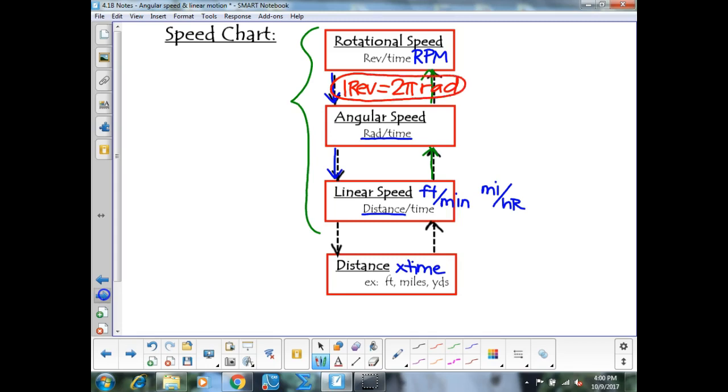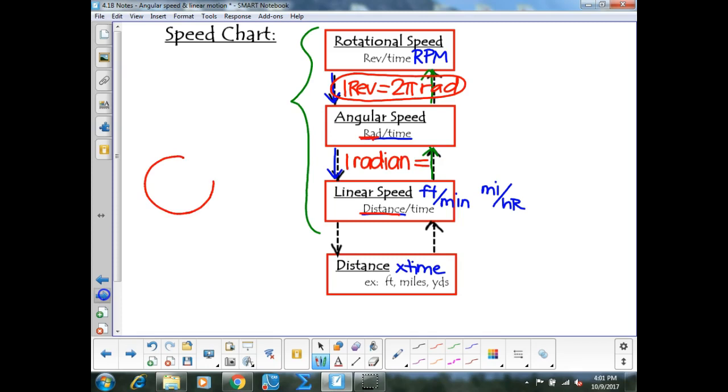Now, from angular speed to linear speed, this is where we're really going to be relying on our understanding of the definition of a radian, because I want to go from having a radian in my unit to making it a distance. Well, if my angle is 1 radian in size, that means that I've covered whatever the length of the radius is.